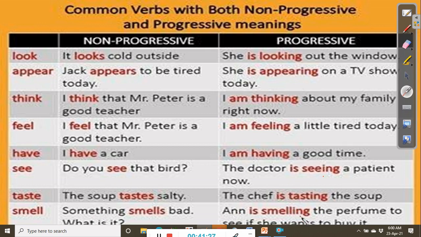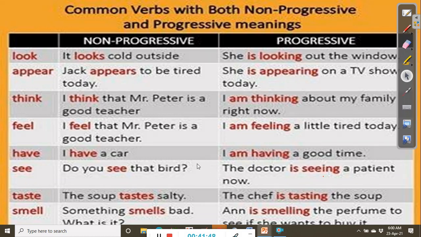You pick a bottle of perfume and you bring it closer to your nose. You are smelling the perfume. It's an action that is taken to actually verify whether the perfume is the type you want to buy. All right, that actually is an action.